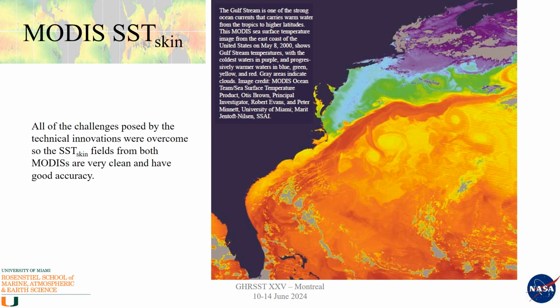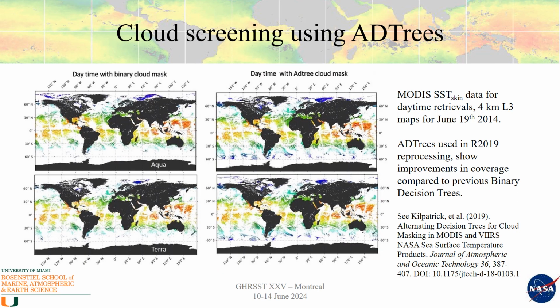This shows that the banding caused by multiple detectors has been solved. It shows that the response versus scan angle has been resolved, and that the sea surface temperatures look very clean. So now we have confidence in the integrity and validity of the infrared measurements.